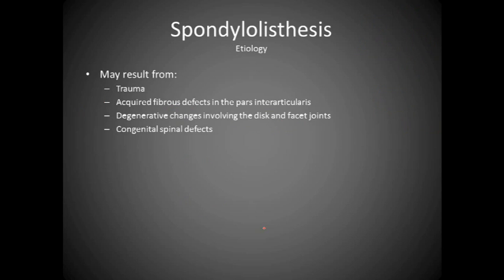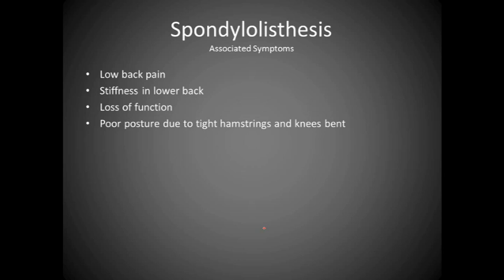It may result from trauma, which seems to be an obvious case, acquired fibrous defects in the pars interarticularis, degenerative changes such as the disc and the facet joints, and congenital spine defects. All of these can cause spondylolisthesis.